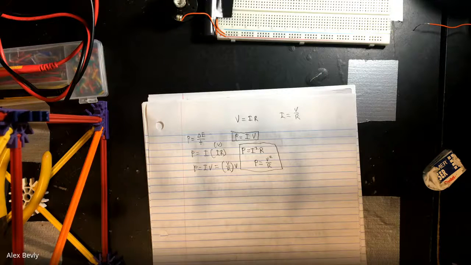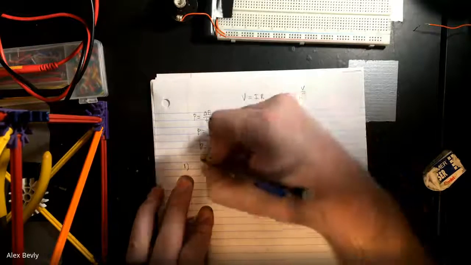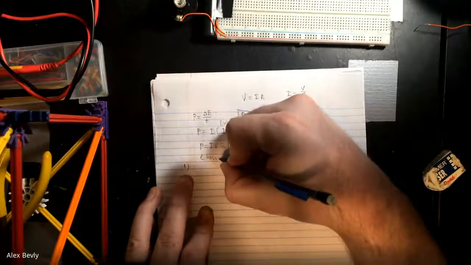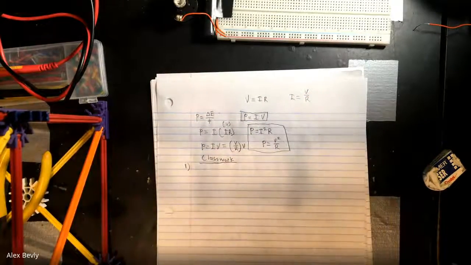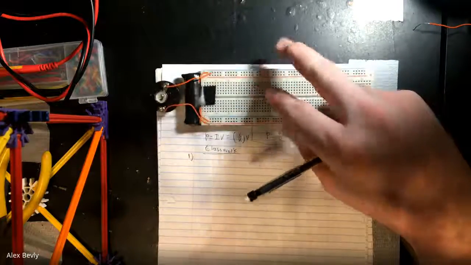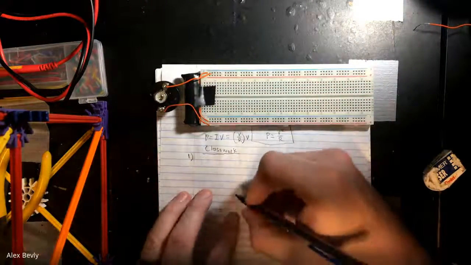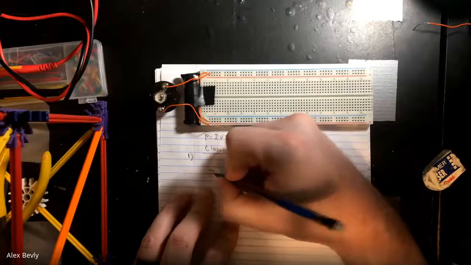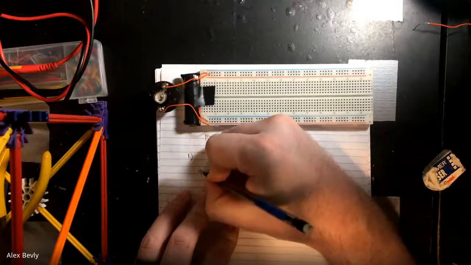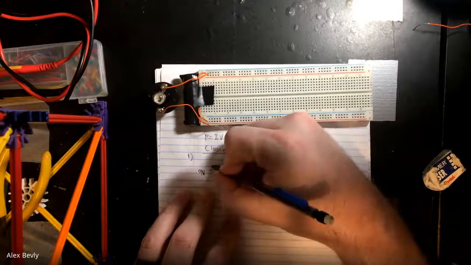So let's just look at this first problem that I have here. Problem number 1 on the classwork. I have a circuit here, very similar to this one. Again, we have a battery, which is a 9-volt battery, unlike this one, connected to some wires.